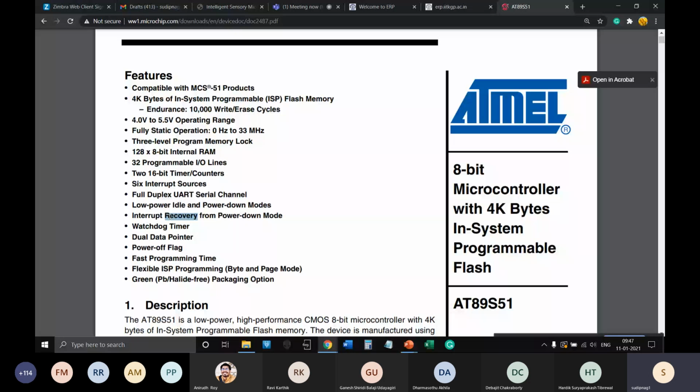Now watchdog timer. This is very important for operating systems with microcontrollers. So watchdog, why do some people keep watchdogs or pet dogs?